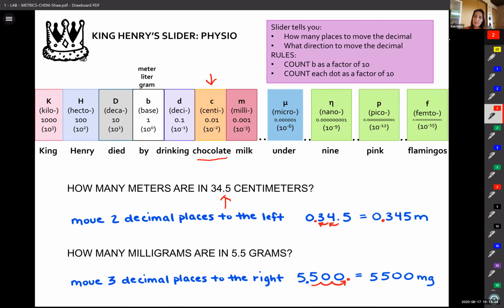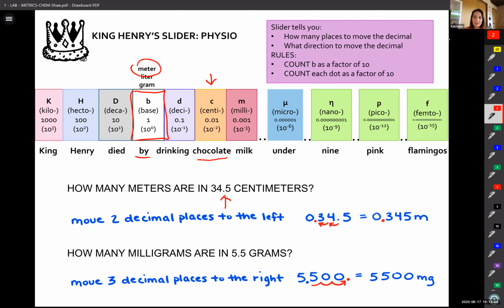We ask, where do we want to go? We want to go to meters. Keep in mind that meters is a base, and so it's denoted here with the B for base, meter being an example of that. So this is where we want to go. And we want to move from centi to the left until we get to meter for the base.